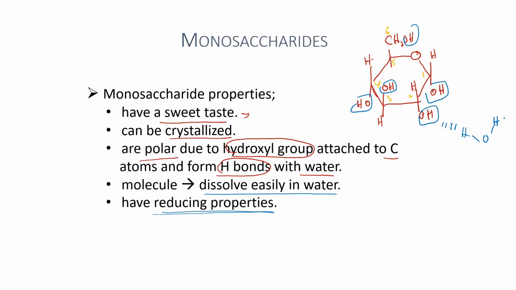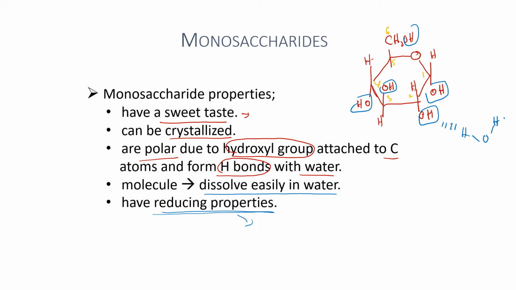What does this mean? It means that if you have a food sample and you want to test whether that food sample contains sugar or not, you will test the food sample with Benedict reagent. You mix the food sample with the Benedict reagent, and then you heat the mixture in boiling water for several minutes.